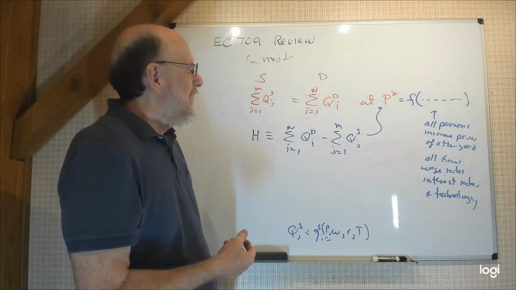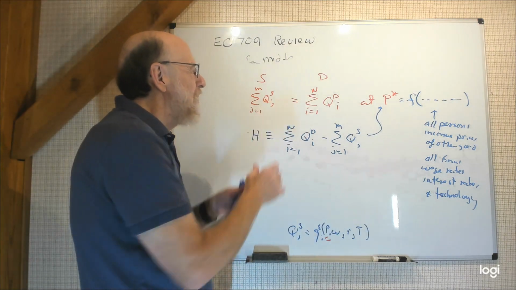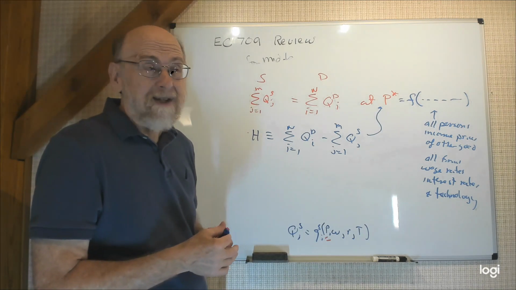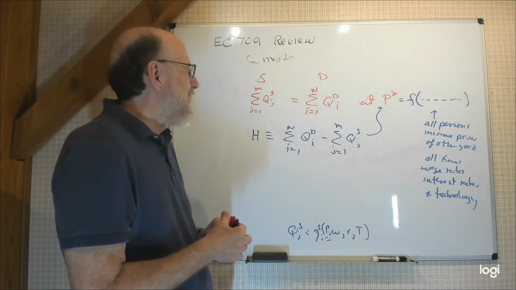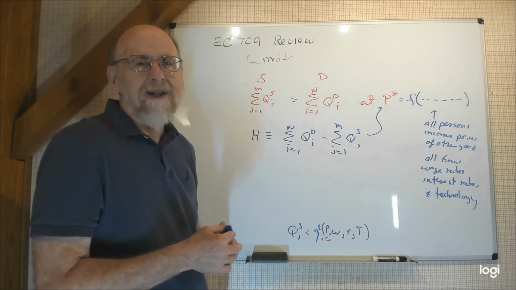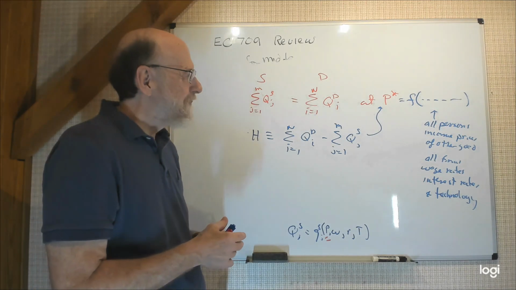And when you go to the market, you basically have to add up all those supply functions for every firm in the market, or every firm potentially in the market, and also add up the demand equations for every consumer in the market, or every consumer potentially in the market at various prices.